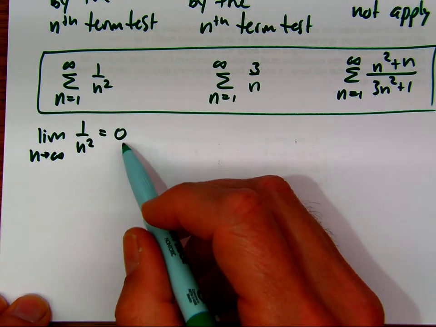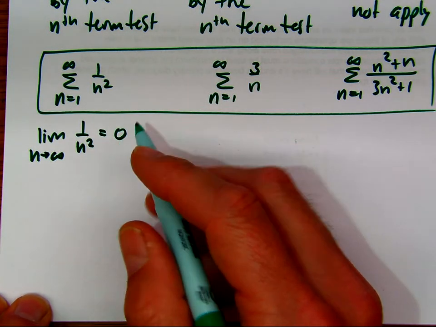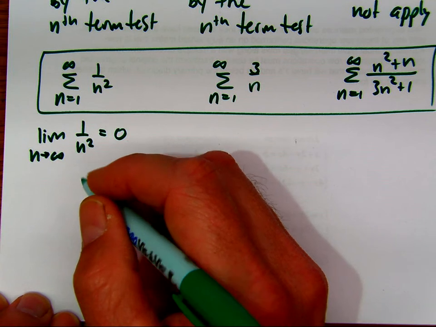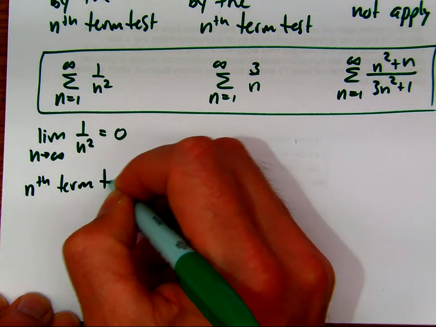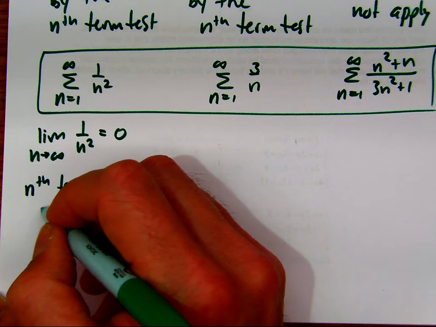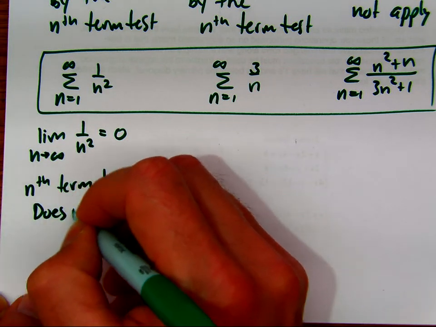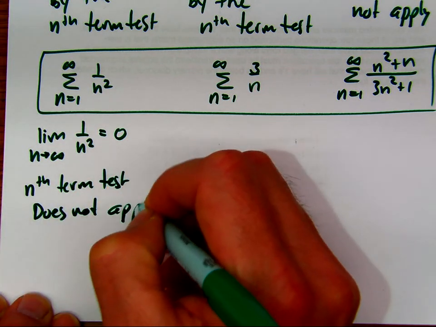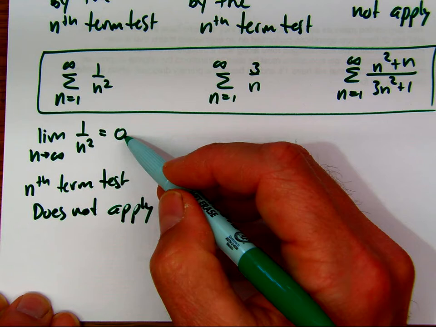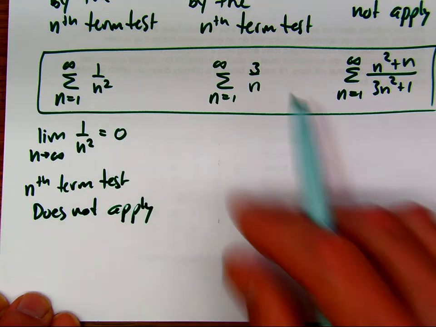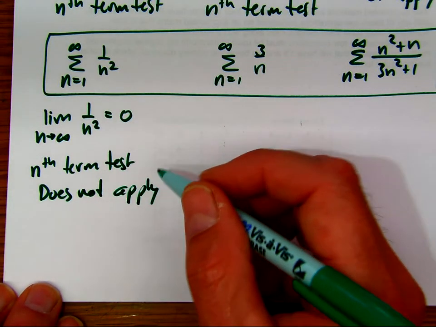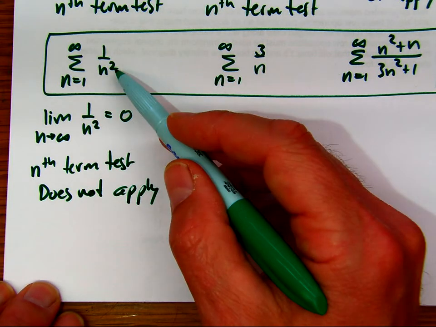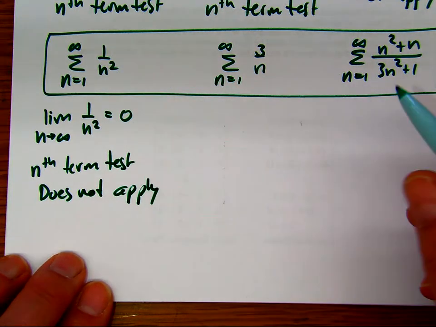If the limit is 0, then the test does not apply. We're just looking for when the limit is not 0, and then we know that the series will diverge. We'll see later that the series does converge, but we need a different test.